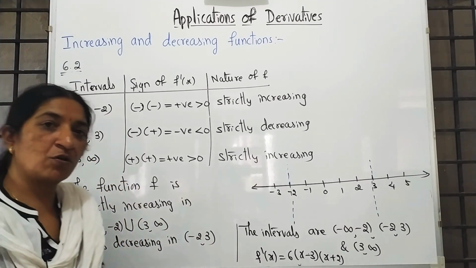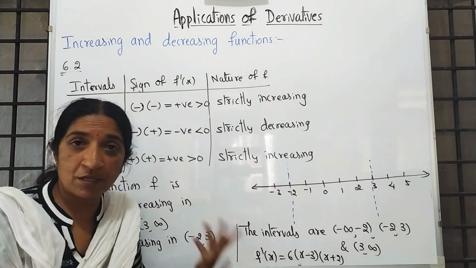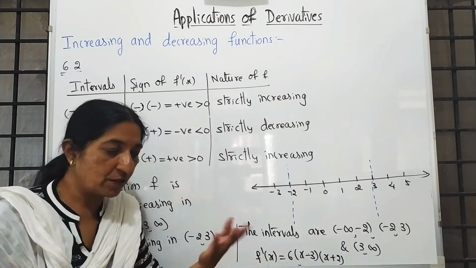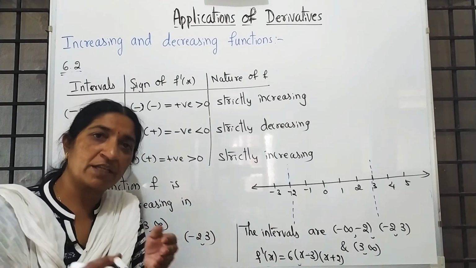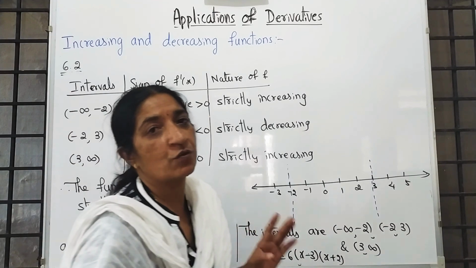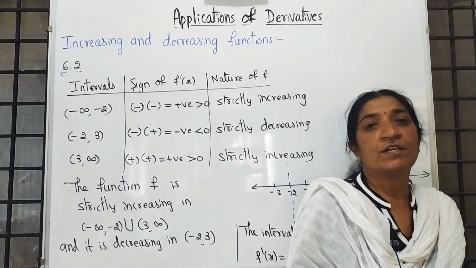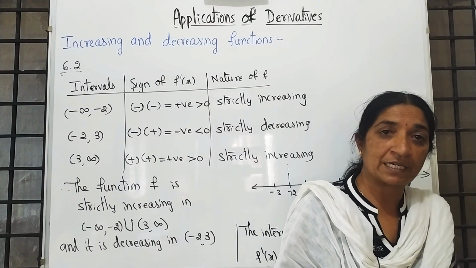Is it very simple or what? That means, what is the concept? If the first derivative is greater than 0 in the interval, the function is strictly increasing. If the first derivative is less than 0, then the function is strictly decreasing.